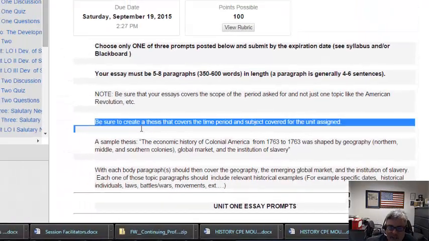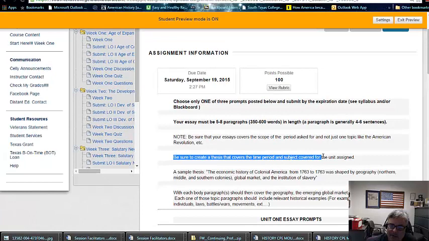Be sure to create a thesis that covers the time period and the subject covered for the unit assigned. This is something that really gets students that are new to writing academic essays. Don't get too caught up on the thesis. You want to make sure you have one, but it doesn't need to be something that requires a lot of thought or stress or anxiety.